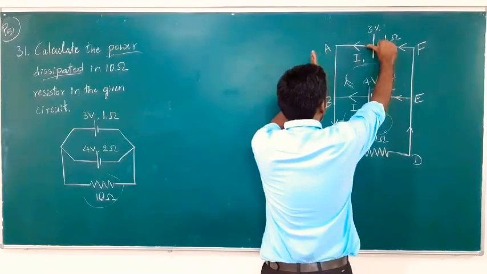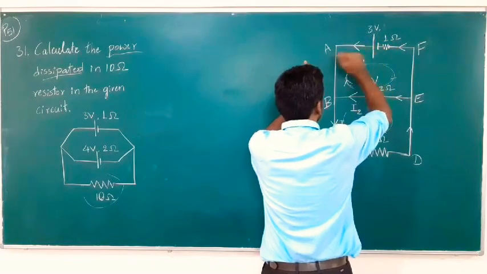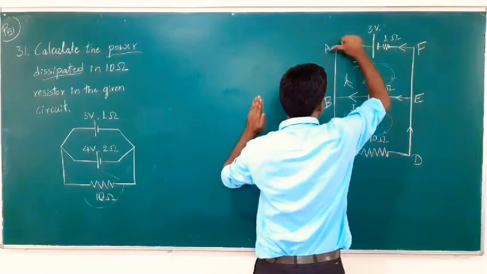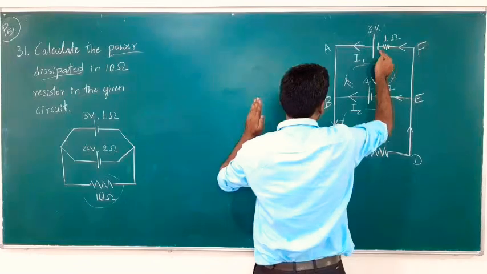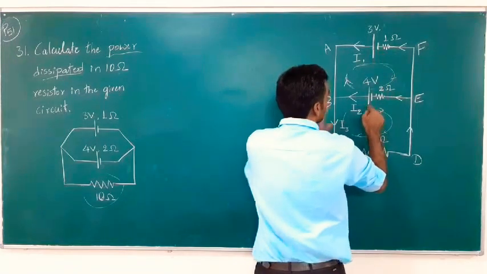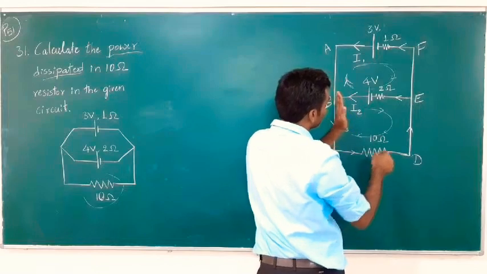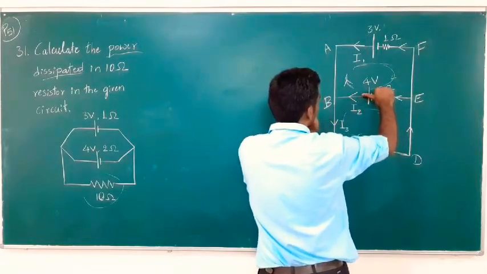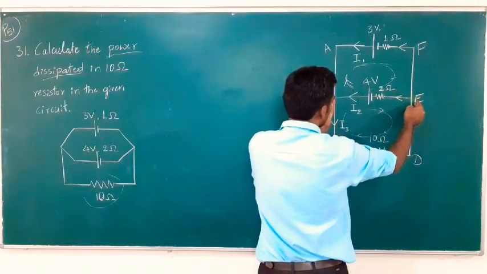So the current will come out of it. So the direction of current for this branch AF is like this, because here I have positive terminal and here I have negative terminal. Same way here, since the positive terminal of the battery is to the left of me, the direction of current is like this towards B, like this in this branch.